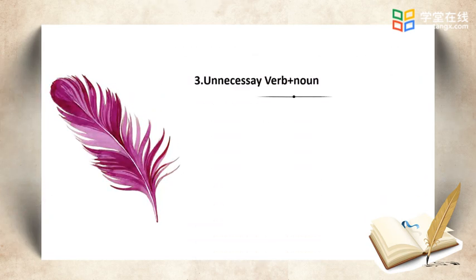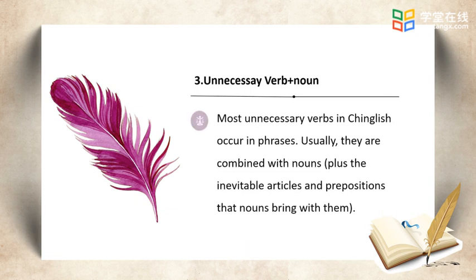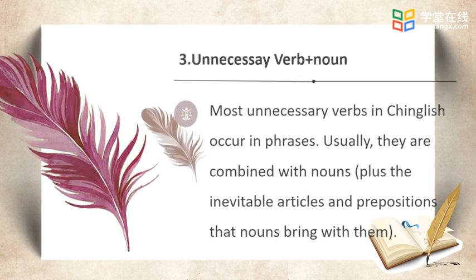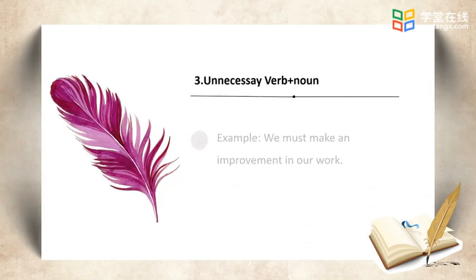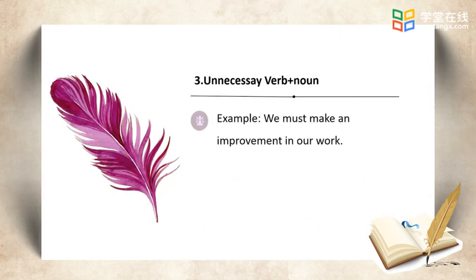3. Unnecessary verb plus noun. Most unnecessary verbs in Chinglish occur in phrases. Usually, they are combined with nouns plus the inevitable articles and prepositions that nouns bring with them. Example, we must make an improvement in our work.